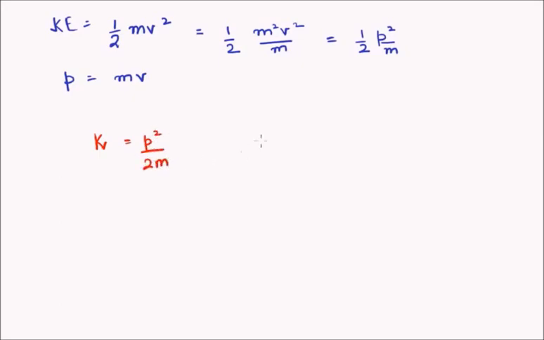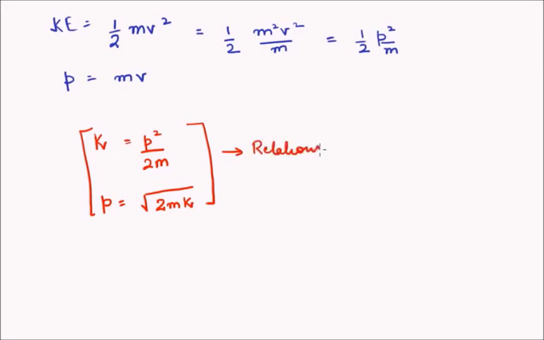Alternatively, we can express momentum as root under 2 times mass times kinetic energy. So these two are the relations between kinetic energy and momentum.